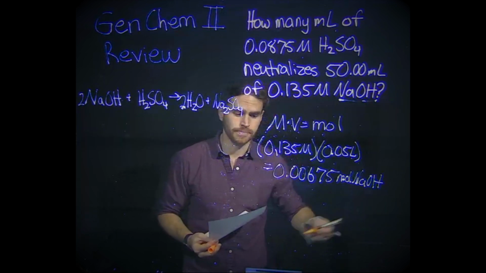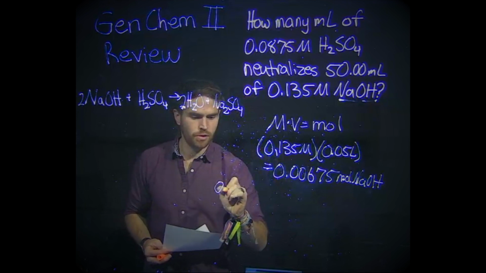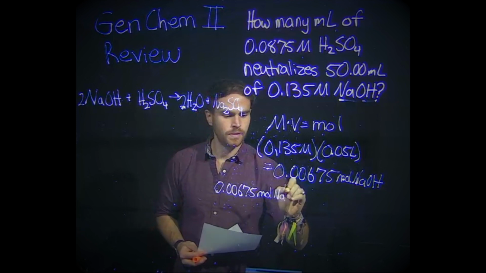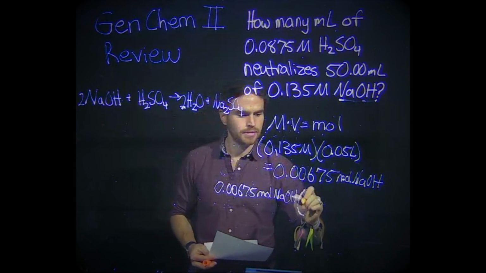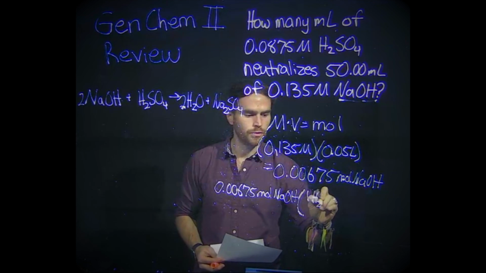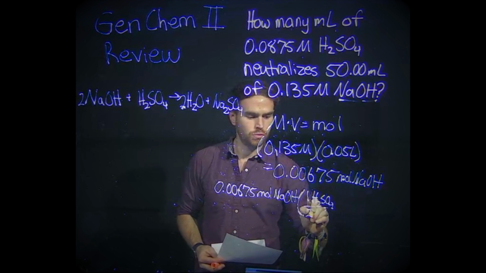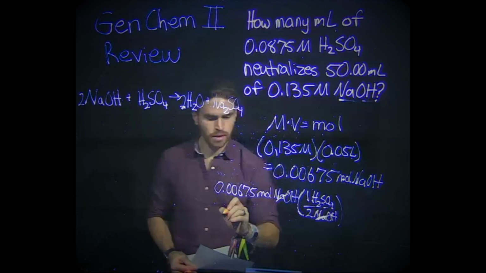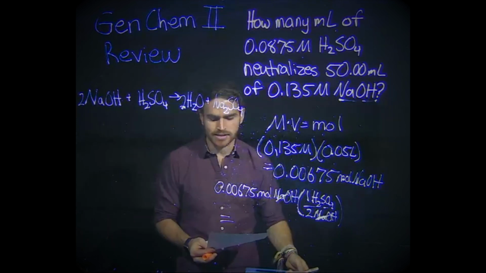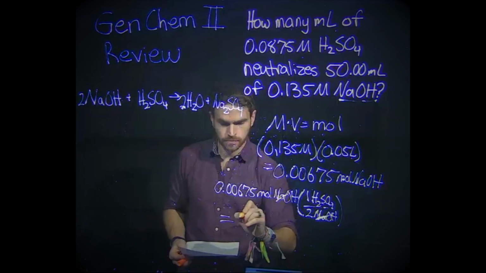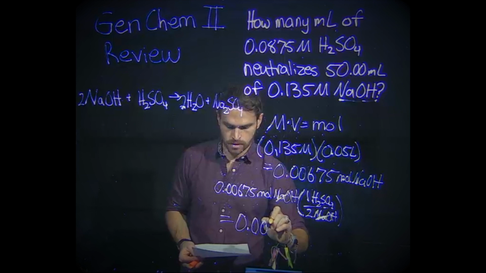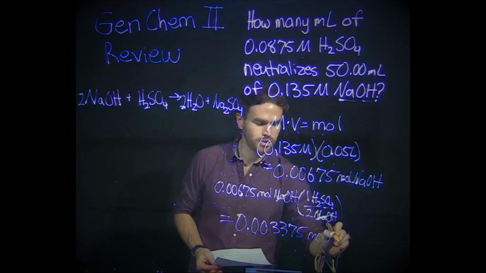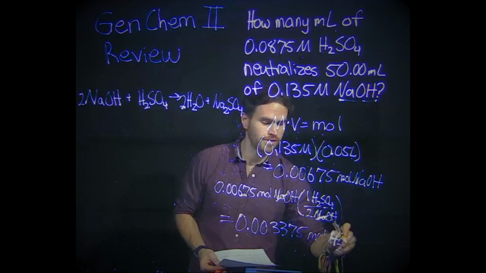If we have 0.00675 moles of NaOH, we can multiply that by 1 sulfuric acid for every 2 NaOH. The NaOH will cancel out, and we'll get the amount of moles of sulfuric acid that we need in order to complete this neutralization reaction, which is 0.003375 moles of H2SO4.